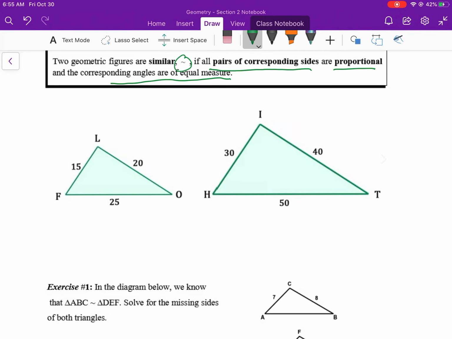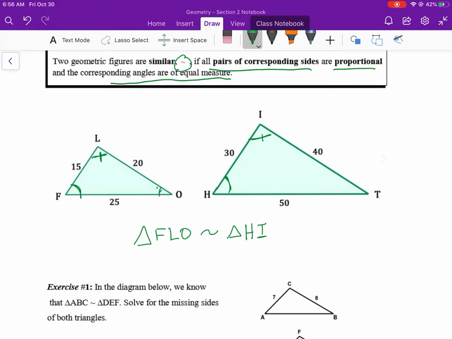So when you look at these two green triangles, notice that the one on the right is twice as big as the one on the left, right? So if I call the one on the left triangle FLO is similar to triangle, I have to make sure when I name it that I name the angle that's the same size as F. And F is going to match up with H, so I have to say H. And then I have L. L is going to match up with I, so HI.